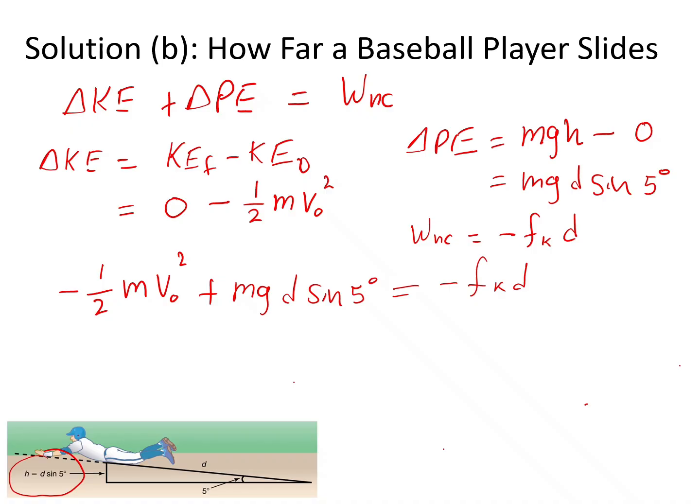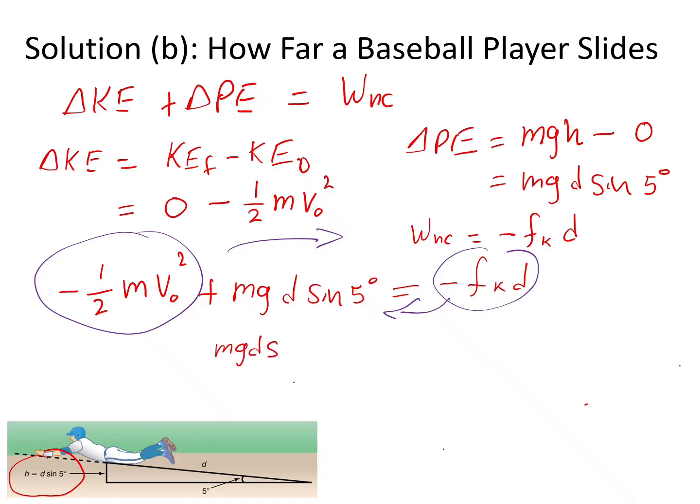Now we can rearrange this equation. Let's bring this part to the right hand side of the equation and bring this part to the left hand side. So we get m g d sine 5 degrees plus Fk d equals half m v naught squared.